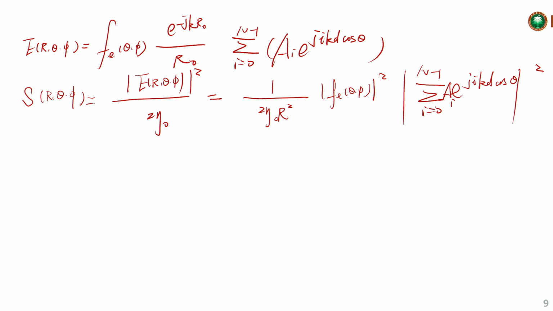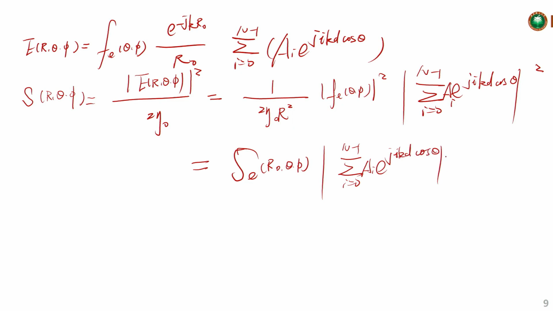As what we wanted to totally express, we wanted to express it as an equivalent value for the power density S(r node, theta, phi) times the sum from 0 to N minus 1 of a_i e^(jikd cosine theta) square, right?